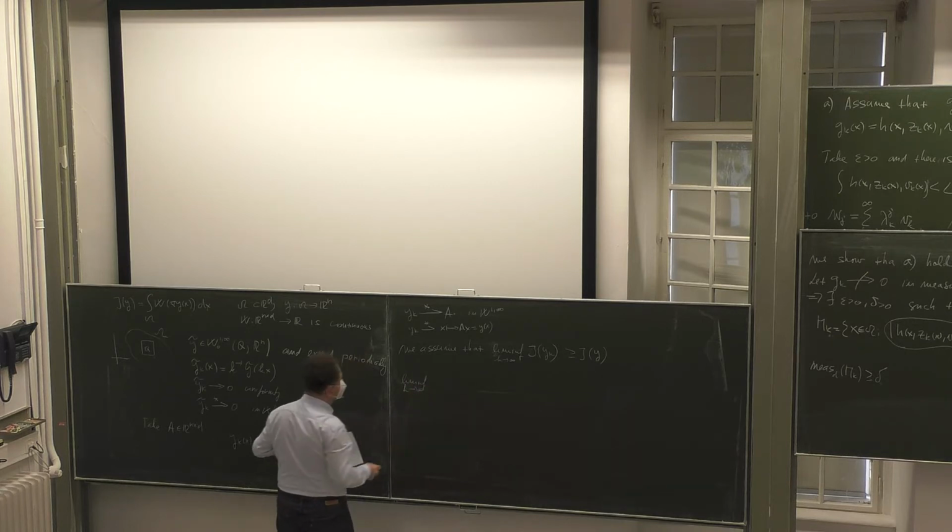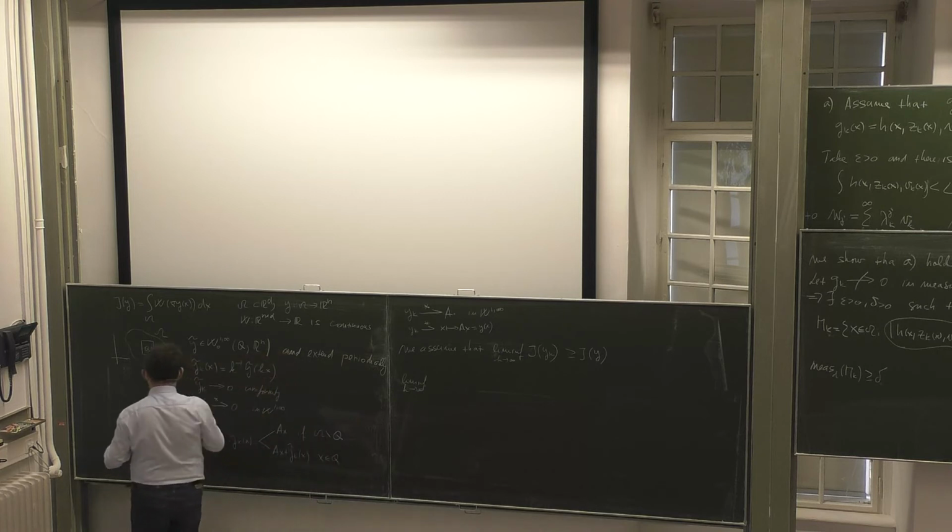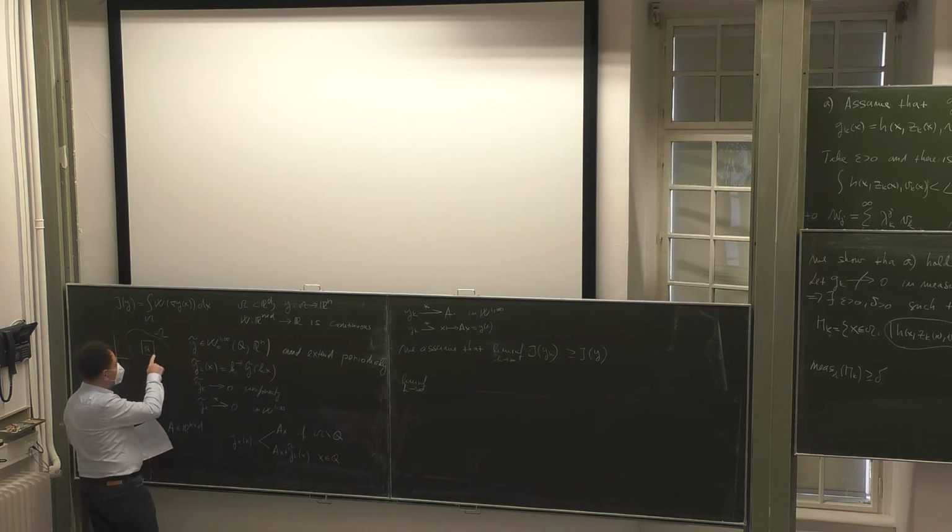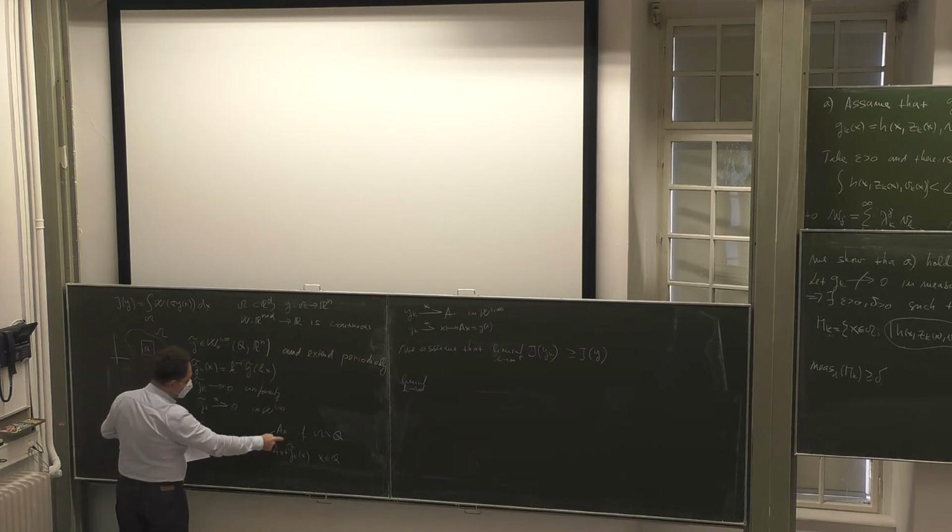And now what's j? So if you are outside Q, then it's easy because this is just Ax.